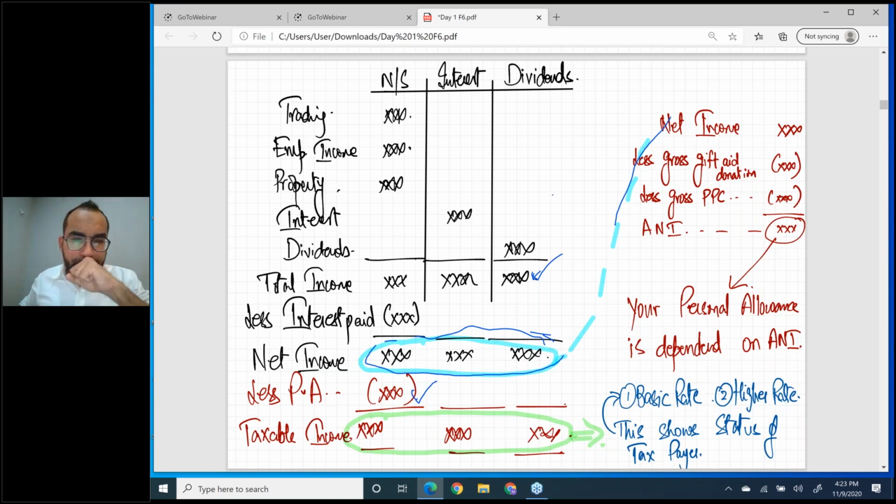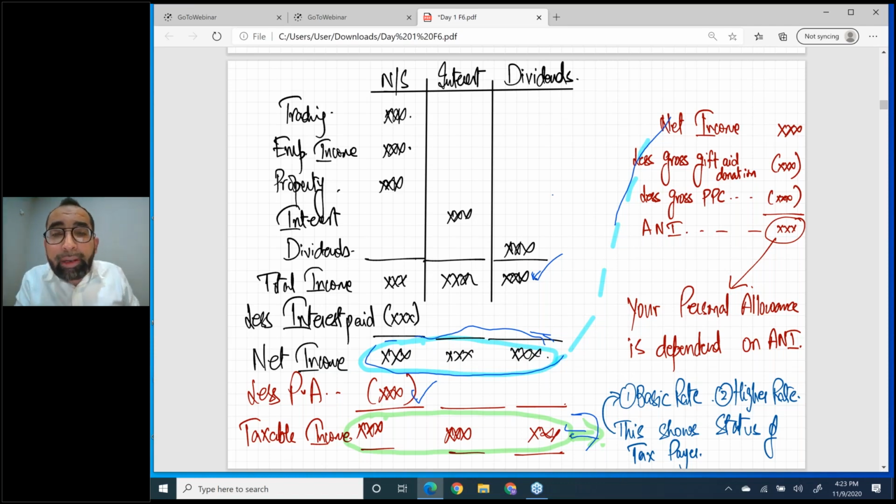Now hold. Hope you remember, because all of you must have studied tax. If you add these total taxable income, look at here, this shows your tax status, that either you are a basic rate taxpayer, or a higher rate taxpayer, or an additional rate taxpayer.